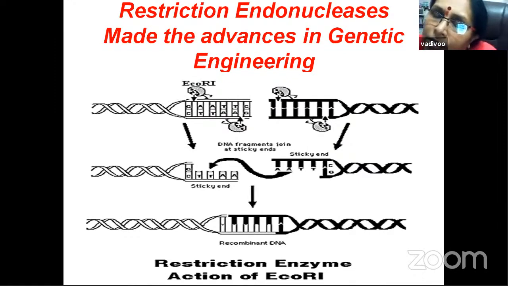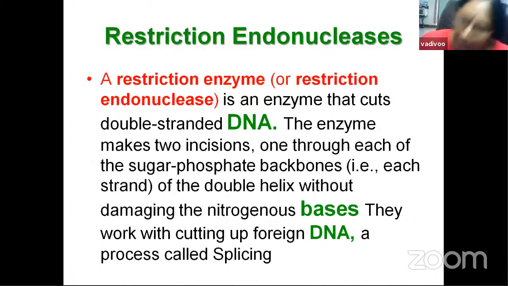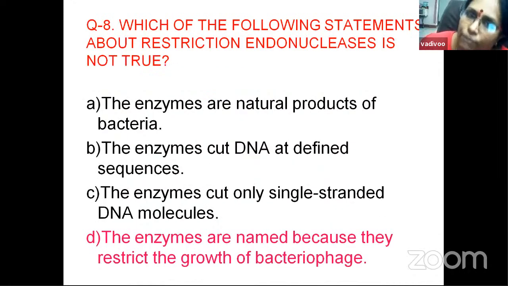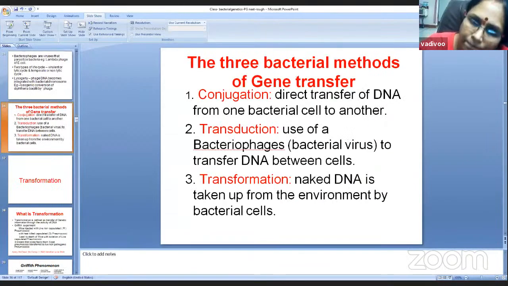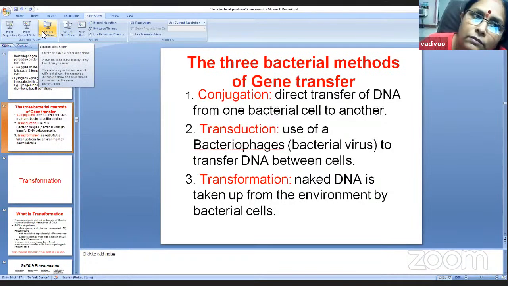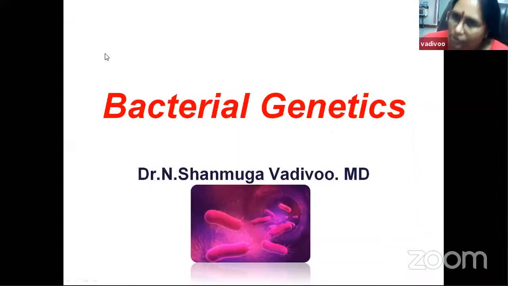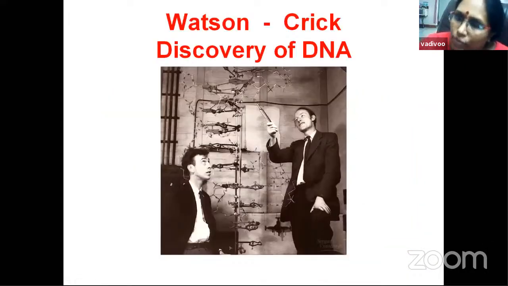You learnt the types of transduction and the different types of conjugation, and what the F factor, F minus factor, Hfr cell, and F prime cells are. All these things were explained. So this is about bacterial genetics.